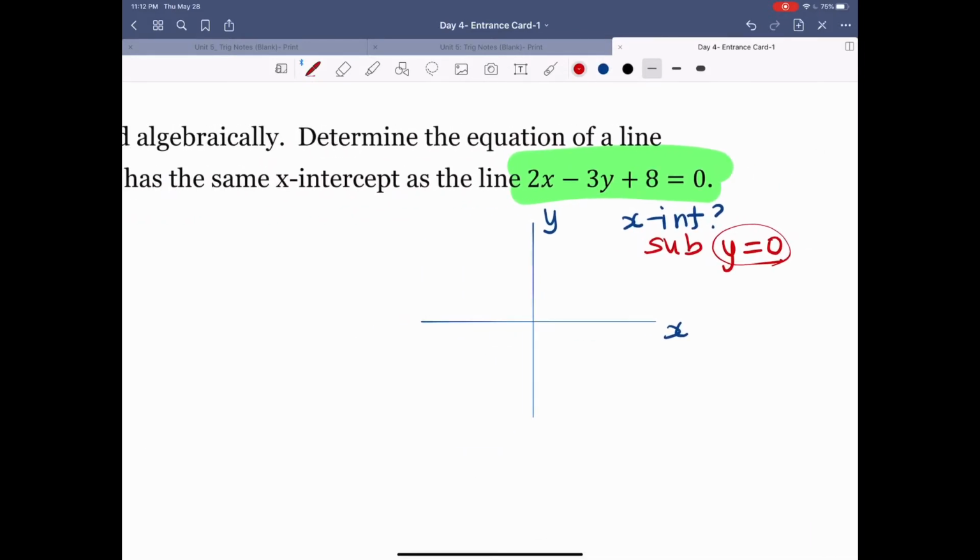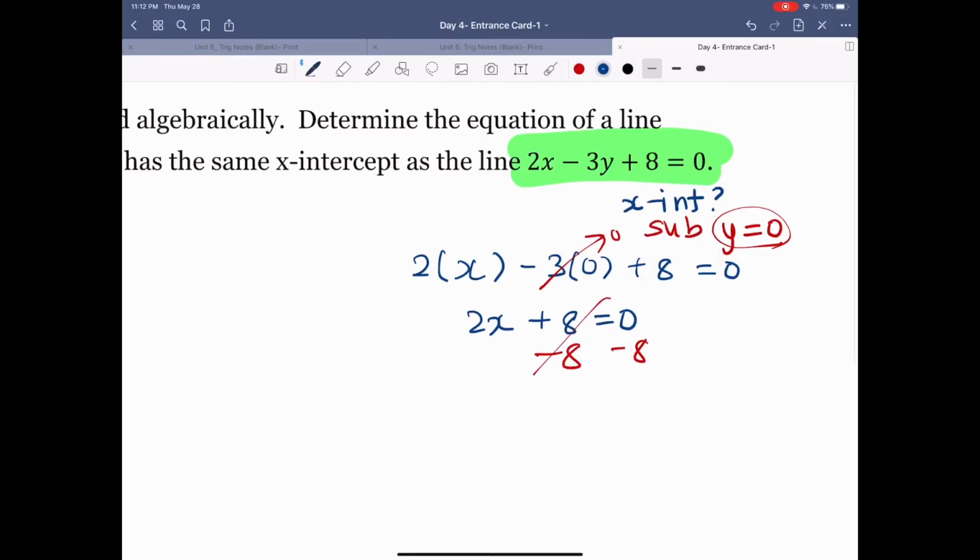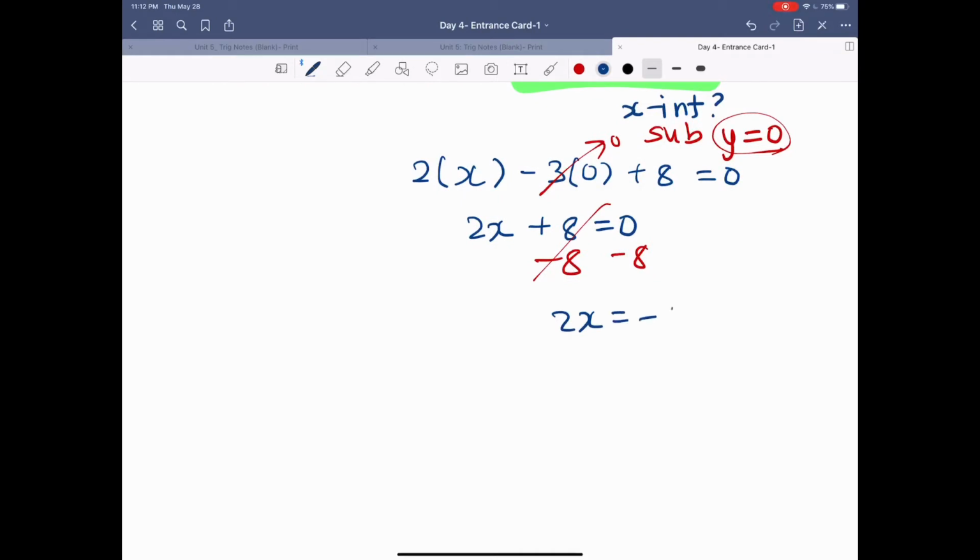And when I do that, and I'm going to erase this drawing, I will get 2x minus 3(0) plus 8 equals 0. So I have 2x, that's gone because that's a 0, plus 8 equals 0. I'm going to move that 8 to the other side. 2x is equal to -8.